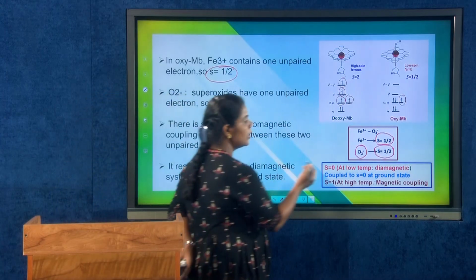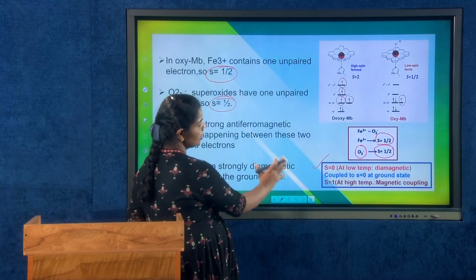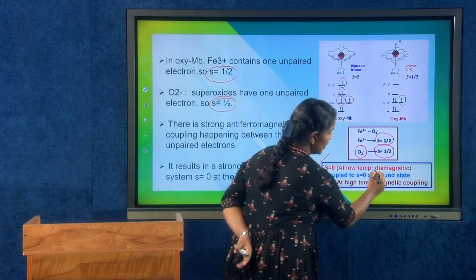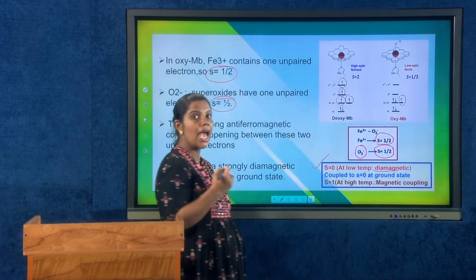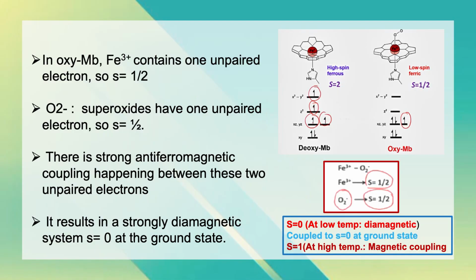So, at low temperature, we can say that oxymyoglobin is actually diamagnetic due to the antiferromagnetic coupling between the superoxide radical and the iron 3+ low spin state.